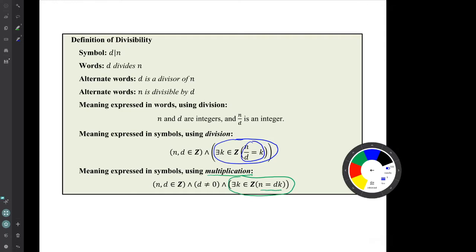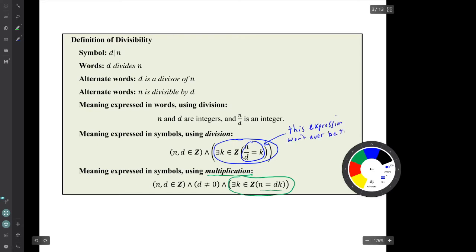You might think at first glance that those two things are comparable, but you realize that in this expression, for that expression to be true, d cannot be 0. Whereas on the bottom line, this expression could be true when d is 0.